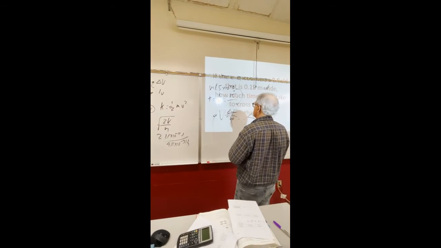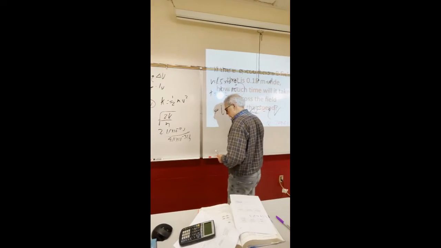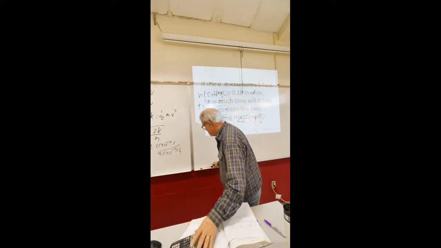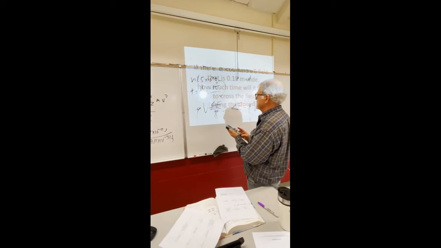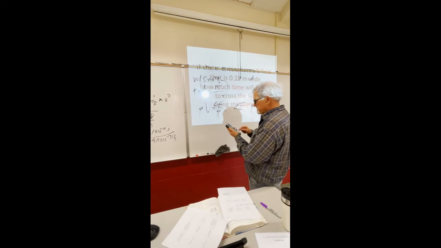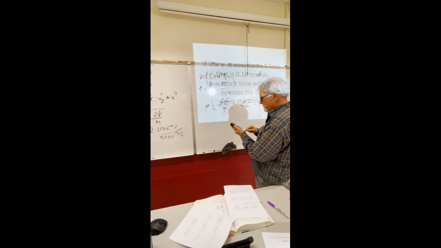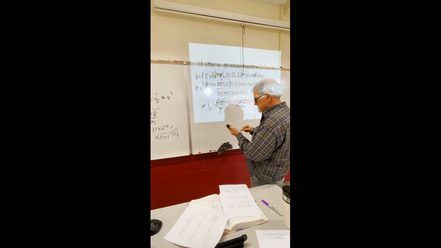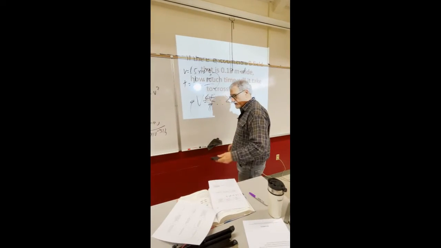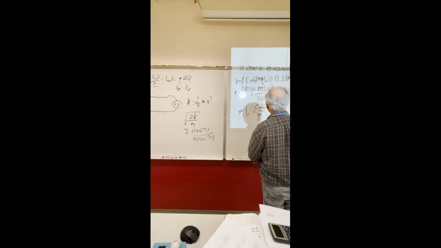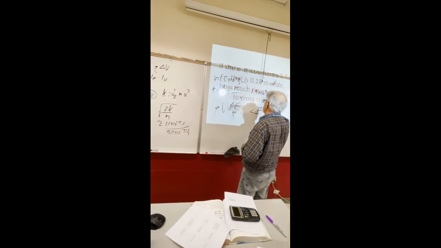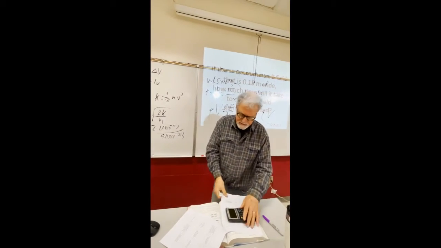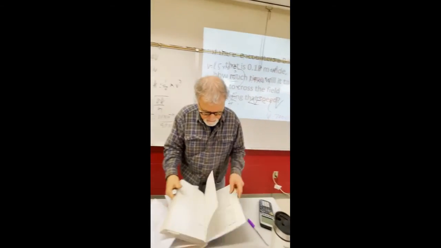Times 10 to the 10? No, it's going to be a very small number. So we got 15 divided by 1.5 times 10 to the 10. And I got 1 times 10 to the 9 seconds. 1.9 times 10 to the 9 seconds.